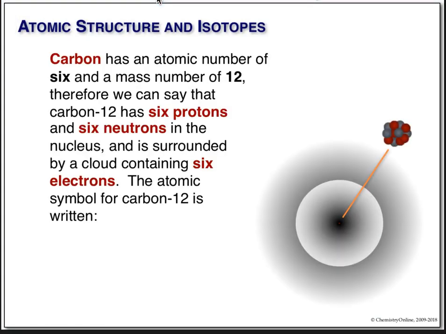Well, let's go to carbon. Typically, carbon will have 6 protons and 6 neutrons. We'll see a little bit later that the 6 electrons are distributed around carbon in 2 layers. Now, if we find carbon on the periodic table, you'll see it's in the second period.